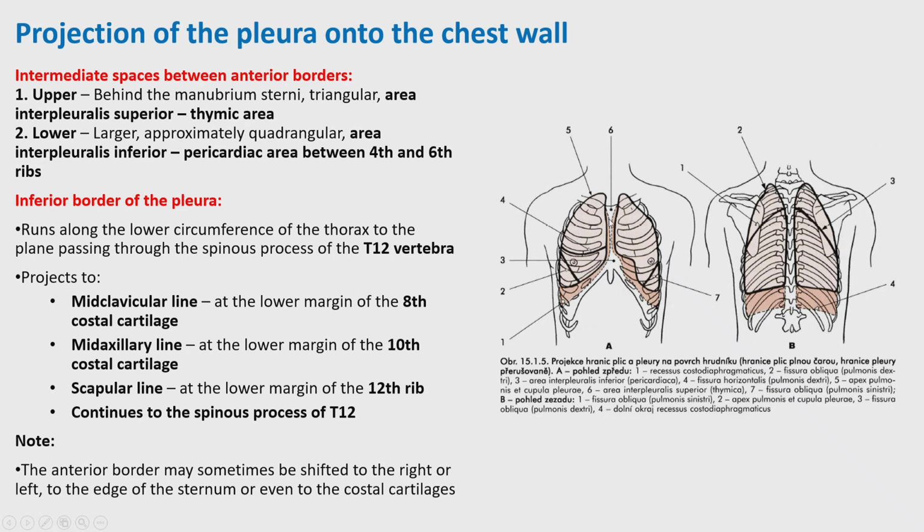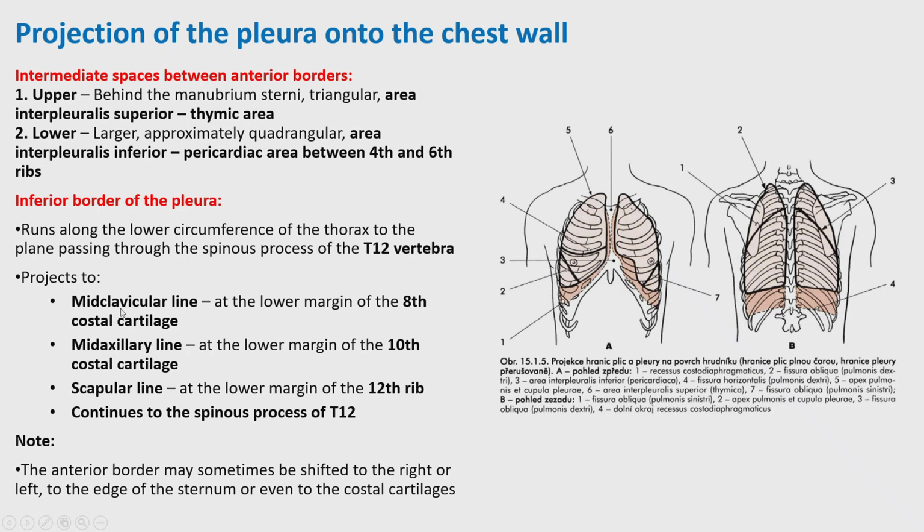Here the dotted line is the pleura, and the solid line is the contour of the lung. So when this pleura goes obliquely down, it makes the inferior border, and this inferior border has some projections, and you use lines.